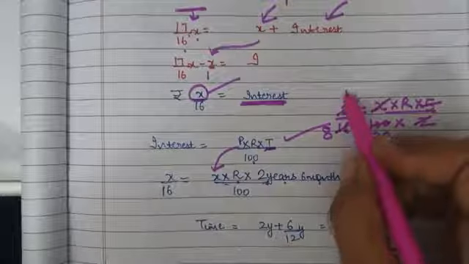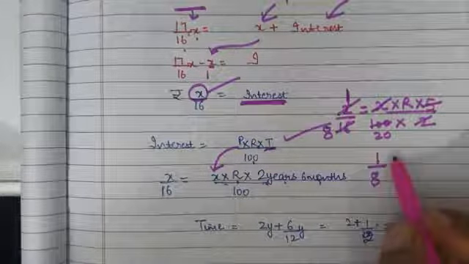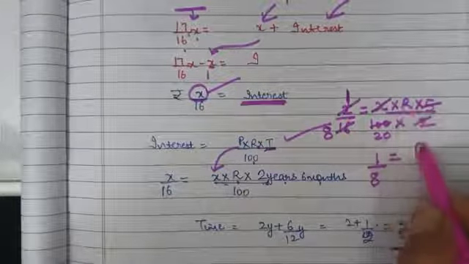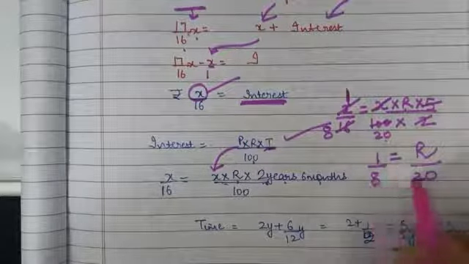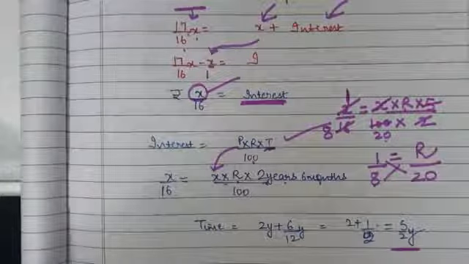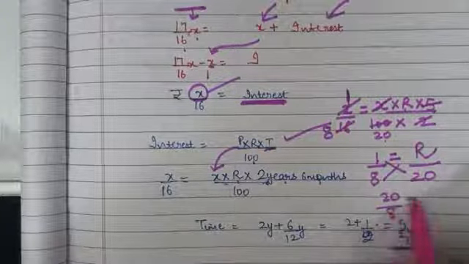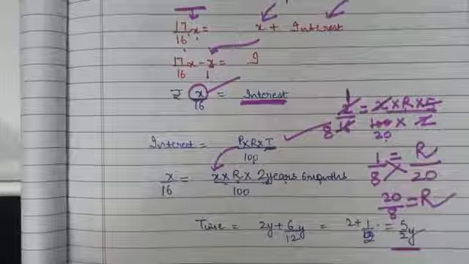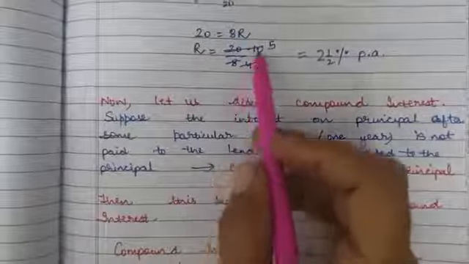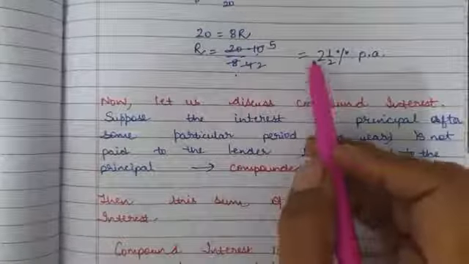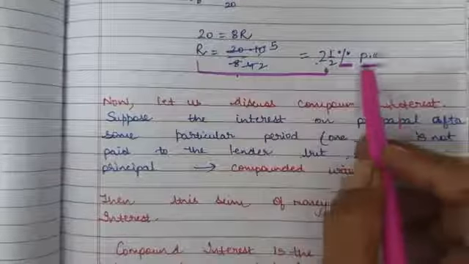In the numerator there is nothing, means 1. So 1 upon 8 is equals to R, that is rate of interest, upon 20. So on cross multiplication, what we get? 20 upon 8 is equals to R. Clear? So on cancellation, we get 2.5% rate of interest per annum.